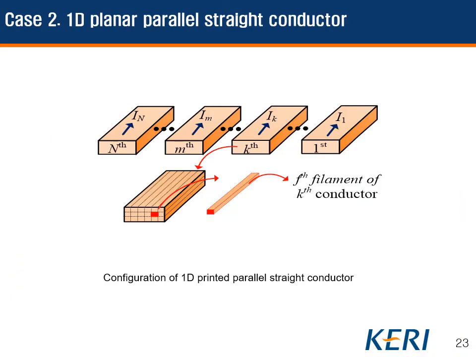Now, by using the volume filament model, we calculate the AC resistance for the case of one-dimensional printed parallel conductors as follows. Each conductor is discretized into small straight conductors with a finite thickness.